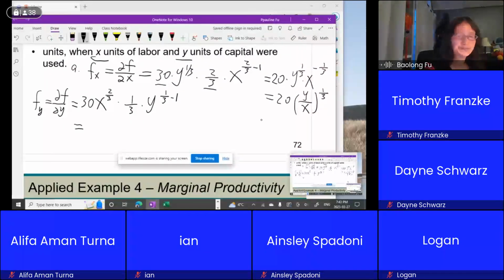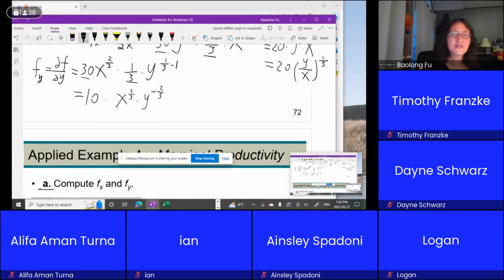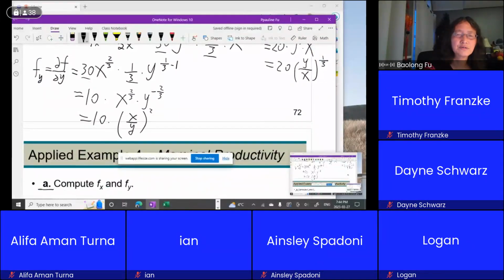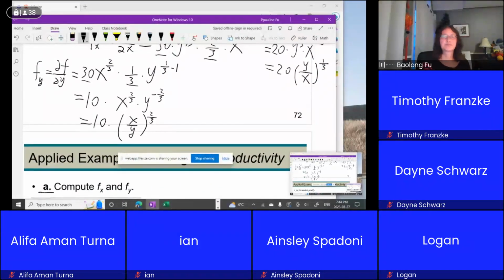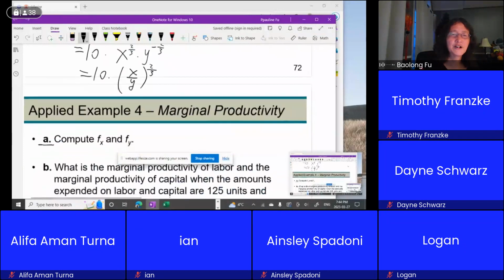Again, this constant is 10, x to the 2/3 y to the negative 2/3. So it equals 10 (x/y) to the 2/3. Any questions?